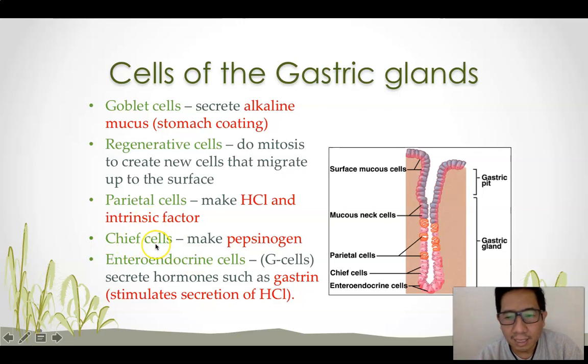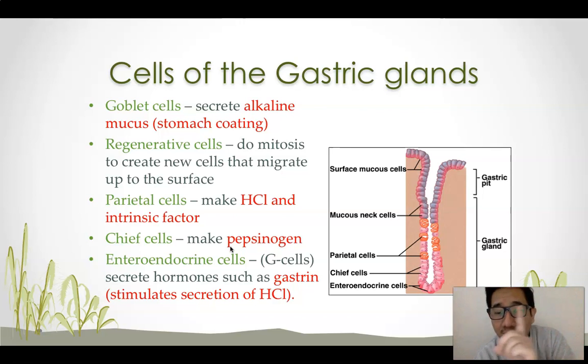Chief cells, they make pepsinogen. Pepsin, P for protein. Pepsinogen, P for protein. They break down protein into little components. Pepsinogen, Pepsi. Think of Pepsi, think of protein.